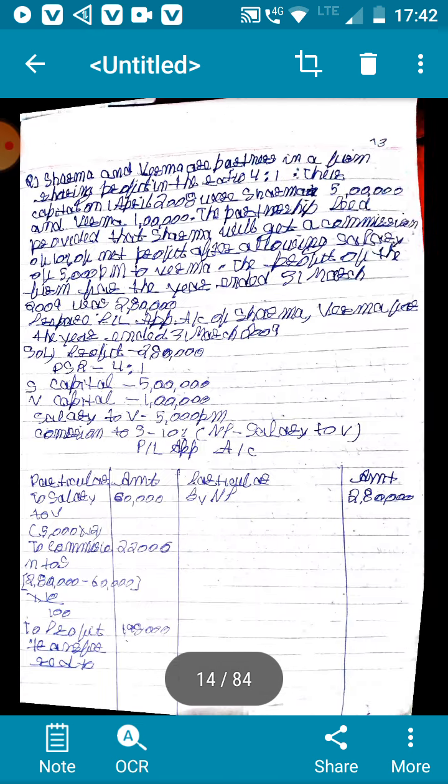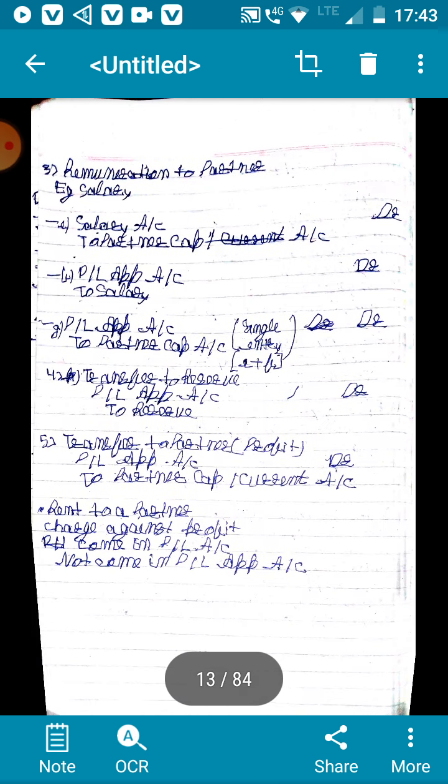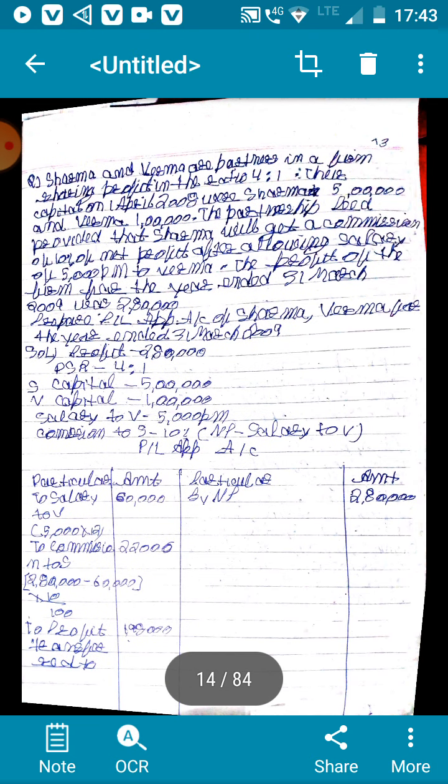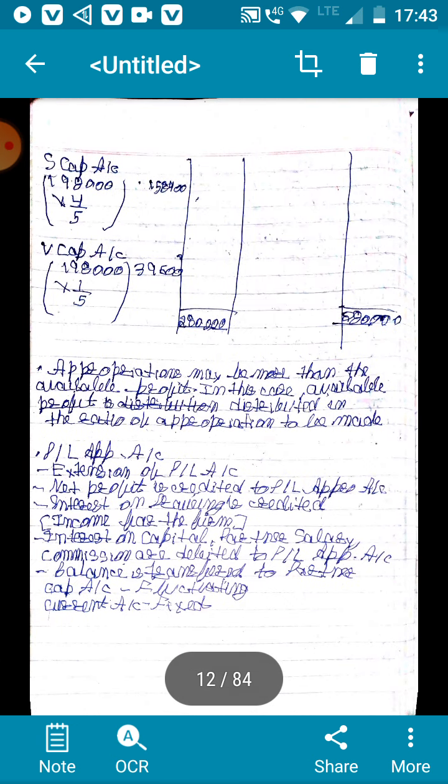If we have a profit of 30,000 and we have to give interest on capital as 50,000 and 60,000, then we have a problem, because we have a profit of only 30,000 but interest on capital totals more than that. Then what can we do?